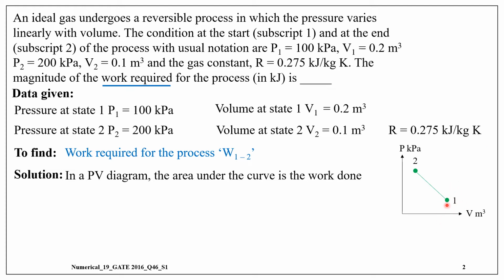Initial state 1 and the end state 2 are shown. The process that connects these two states is linear. Now, what is the work done? It is the area under this line 1 to 2.